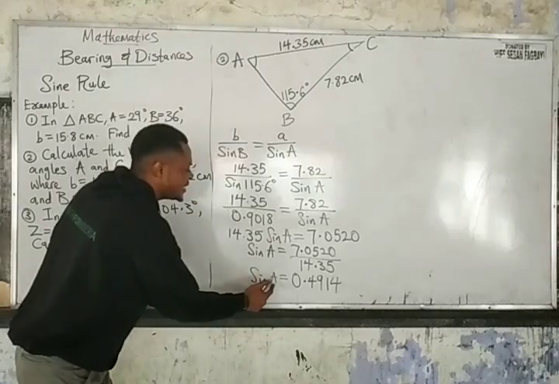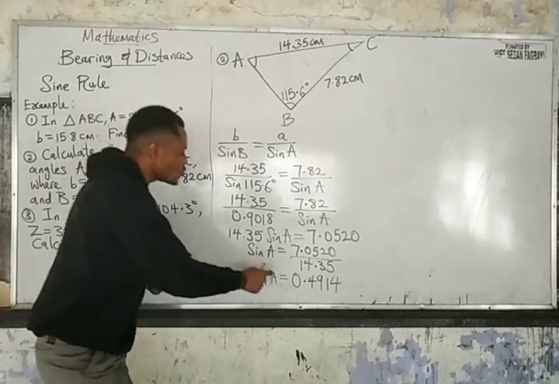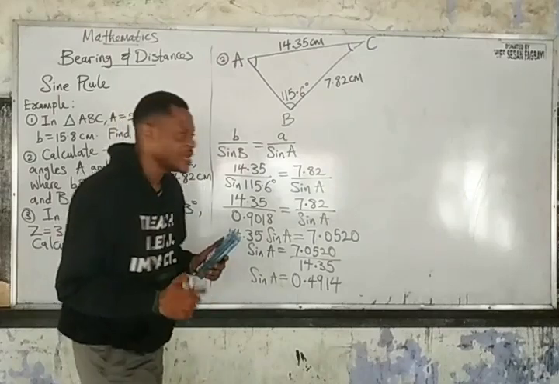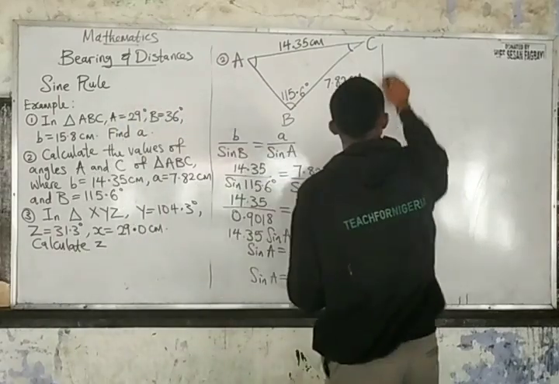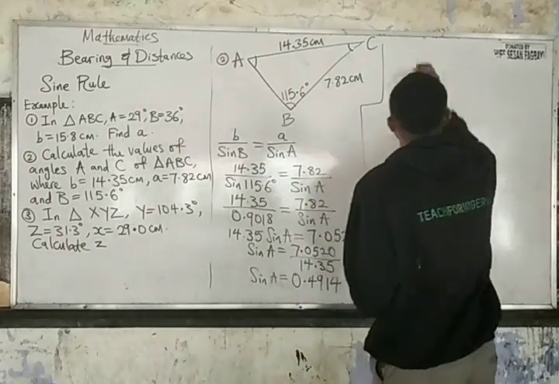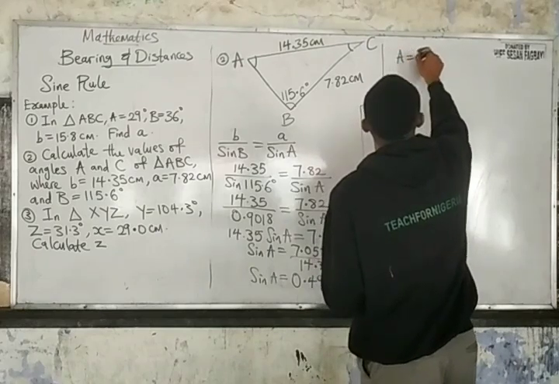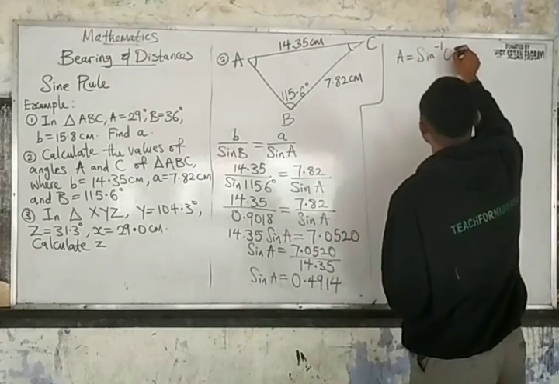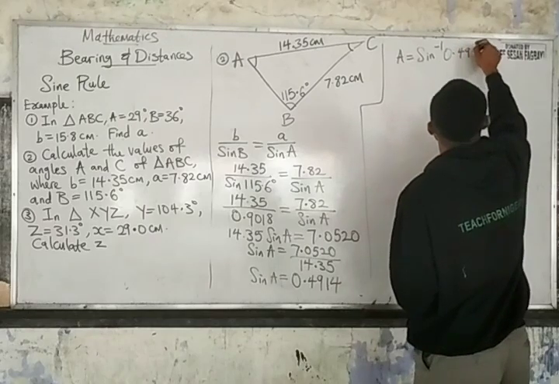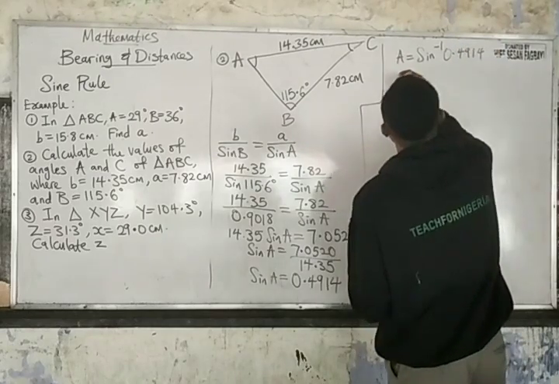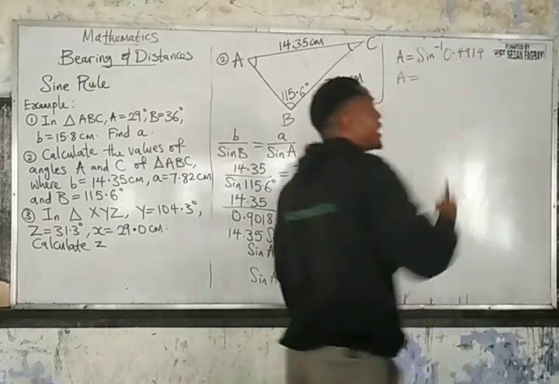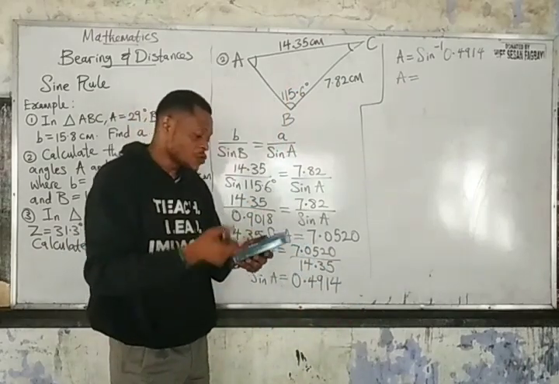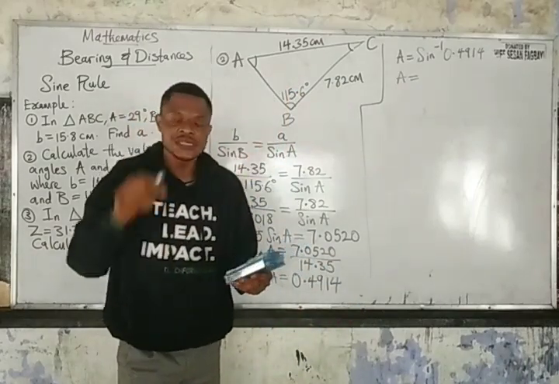We want to find A. So to get our A, the sine goes to the other side. It becomes sine inverse. So we have A equals sine inverse of 0.4914. And how do we punch out the sine inverse? By pressing shift sine. For some calculators, second function sine.